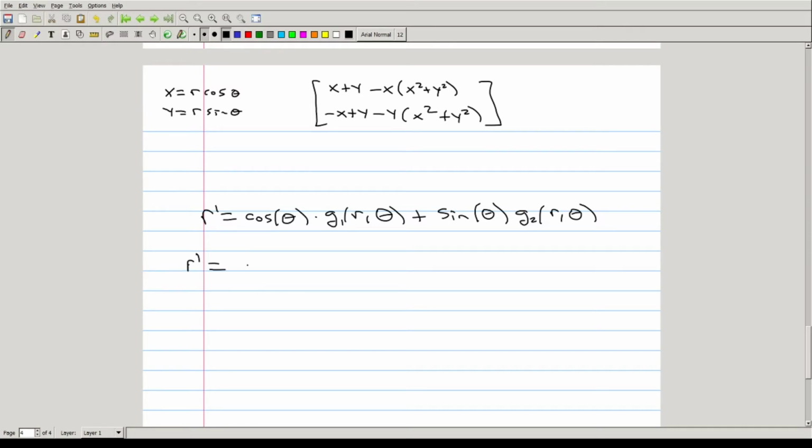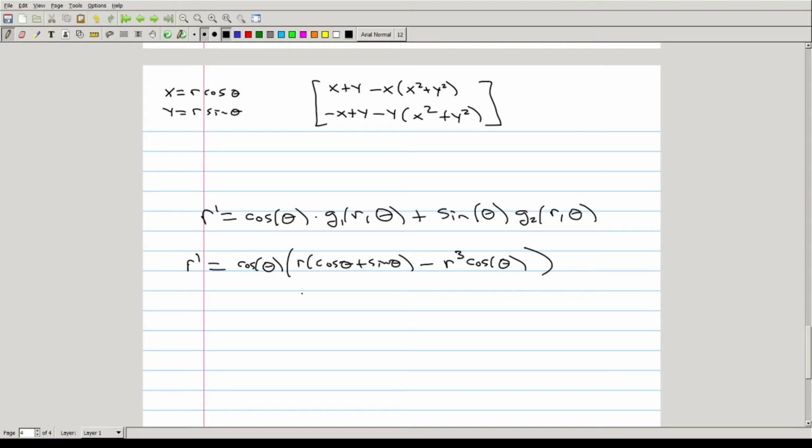R prime is cosine of theta times r cosine theta plus sine theta minus r cubed, and when I plug in here, I get r cubed times cosine of theta, as x is r cosine theta, and x squared plus y squared is just r squared.